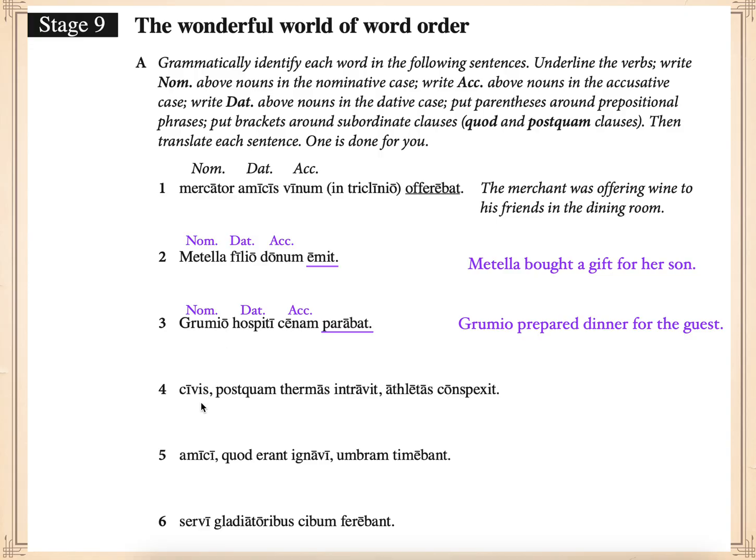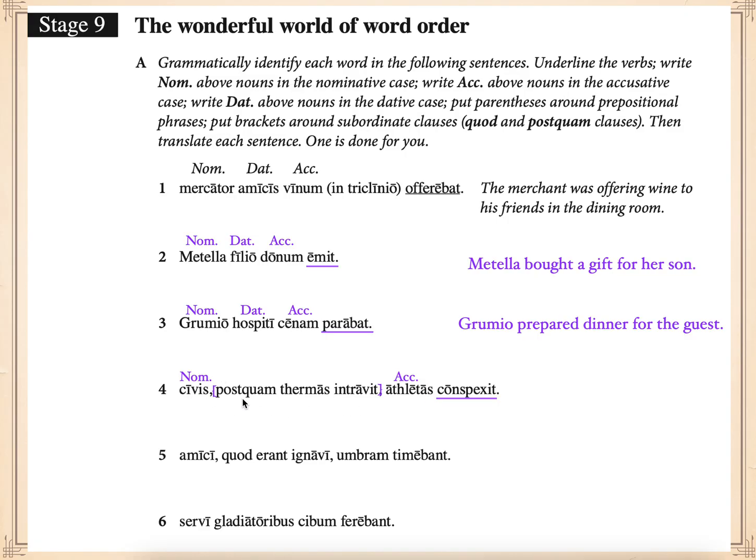Number four. Civis postquam thermas intravit athletas conspexit. So let's find some verbs here. Conspexit is my verb here. Civis is my subject. So I have the citizen saw. Athletas is my direct object. I can see that this postquam, this is a subordinate clause.